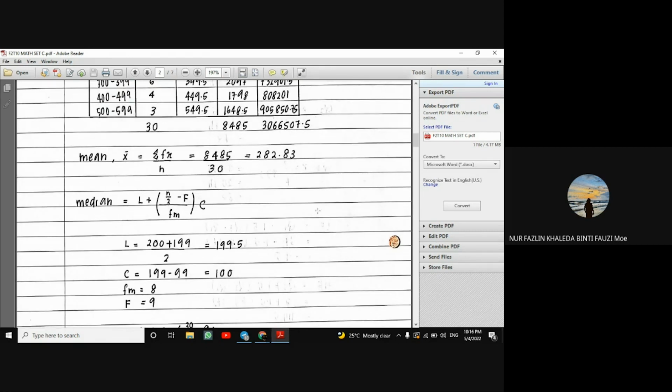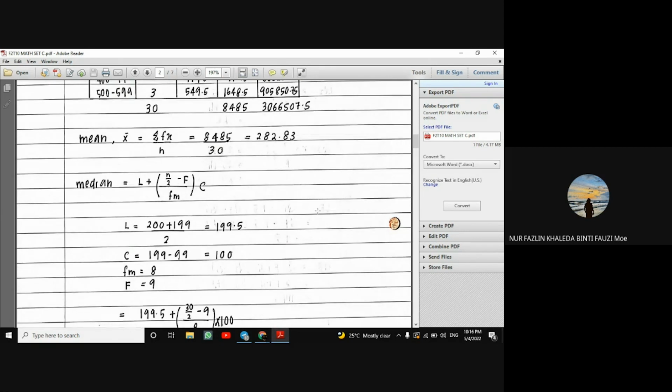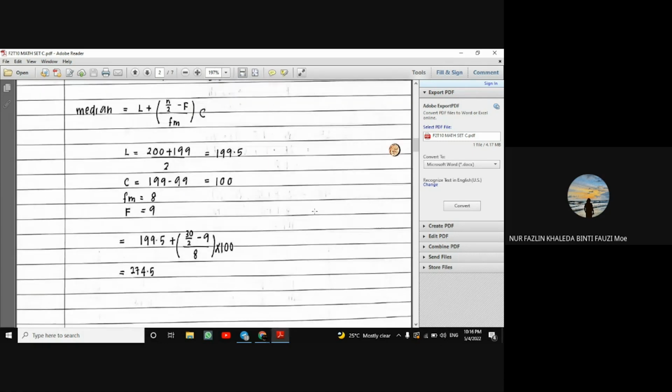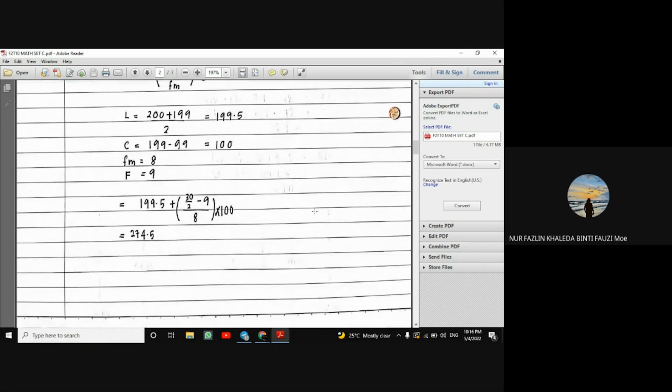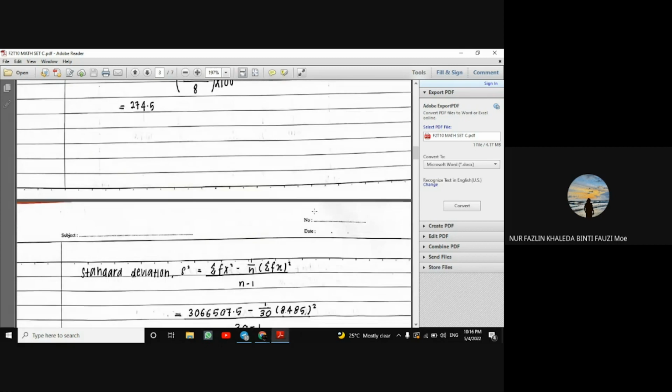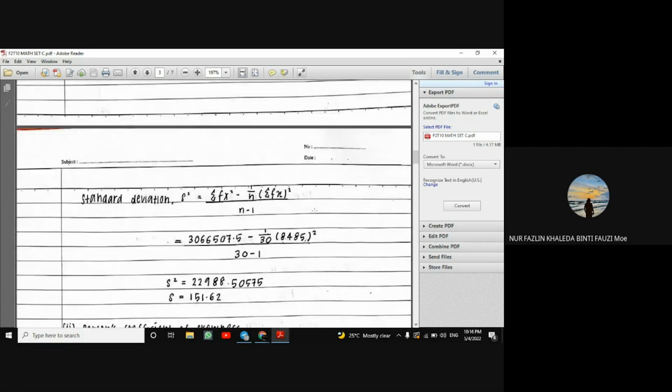Hence, we get the median equal to 274.5. Lastly is the standard deviation. First, we need to calculate the variance. This is the formula. We substitute the values from the table. Then we get the standard deviation equal to the square root of the variance.